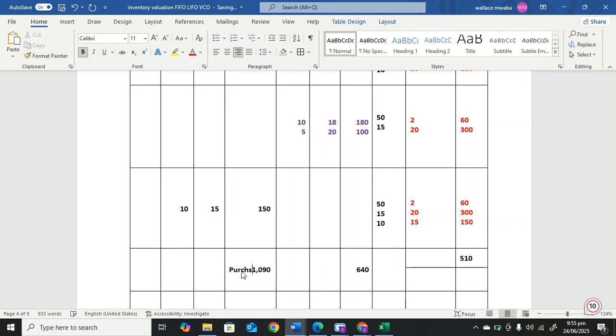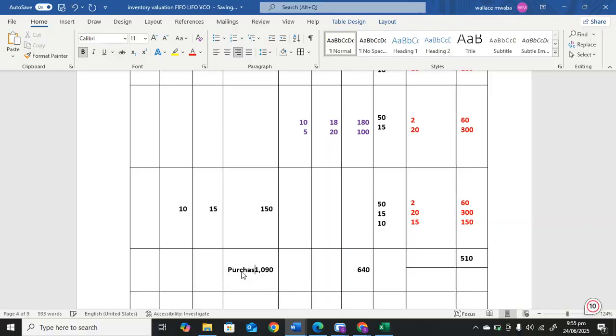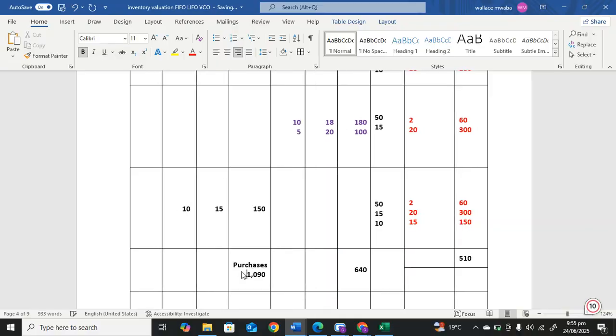Because of the way the inventory is valued, you saw with FIFO, when these units are coming in, they're coming in at different prices. So you saw with FIFO where we're getting the oldest stock there. The oldest stock was valued at a lower price.